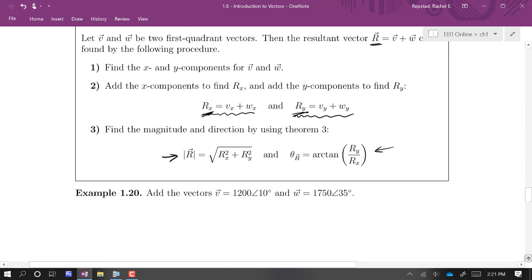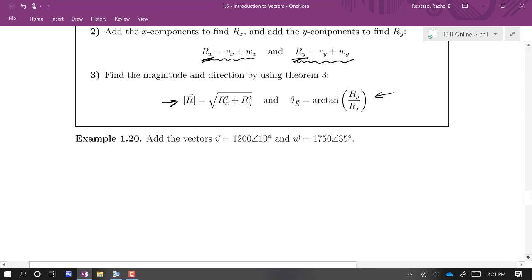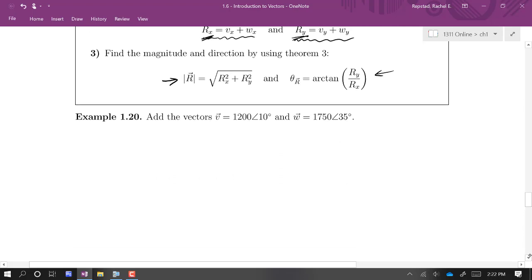So we're going to do this a couple of times. We're going to add these two vectors. V is the vector 1200 at 10 degrees. W is the vector 1750 at 35 degrees.